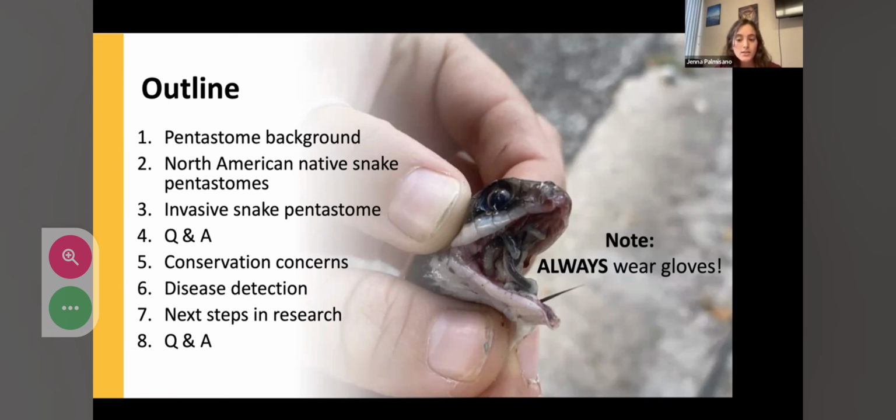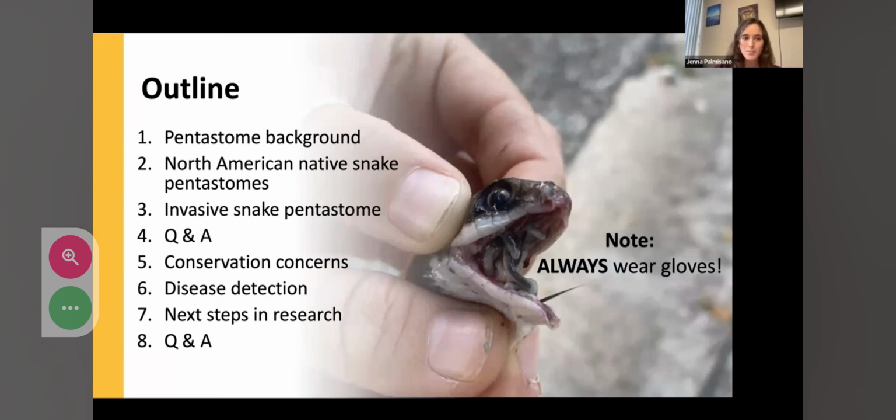Pictured here is a southern black racer from Florida with multiple invasive pentastomes crawling out of its mouth. I would just like to note that gloves are an important part of reducing the transmission of pathogens. This snake was outside of my driveway in Orlando, Florida, so I acted rather quickly.